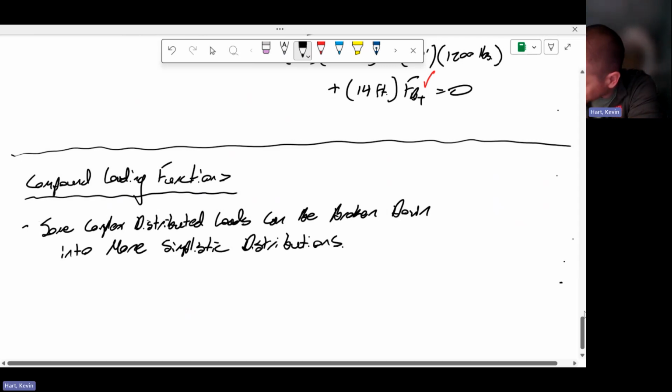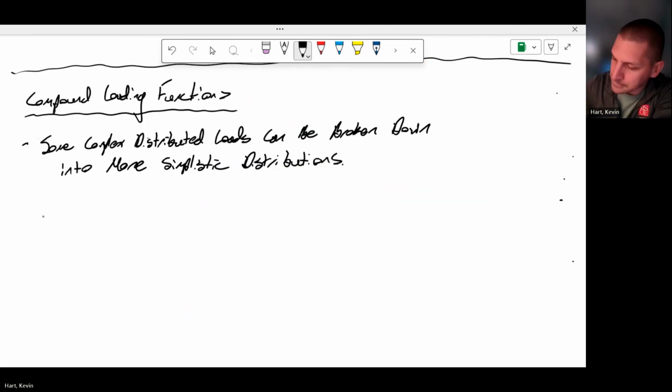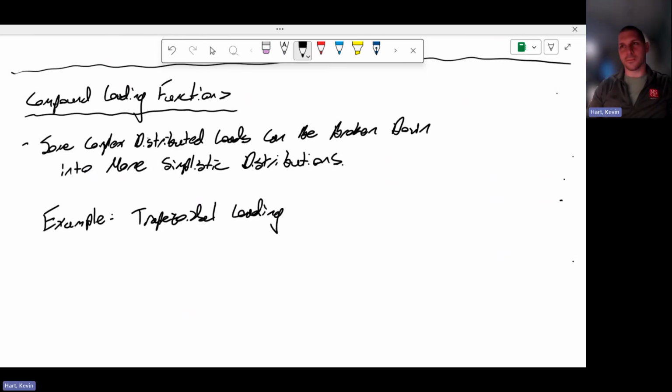And the classic example of this is the trapezoidal loading function. So this is a linear type of loading function that does not start at a 0 value.